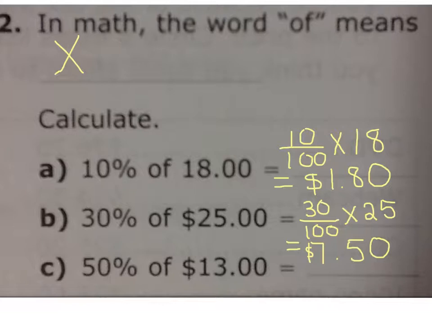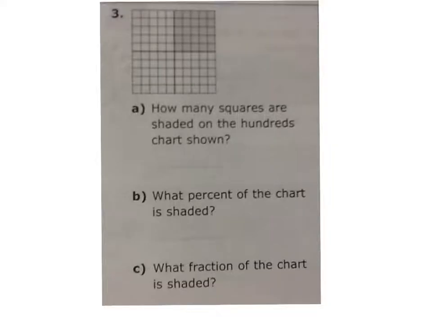So once again, it's 50 divided by 100 times $13. And I'm going to give you some time to think about the answer. Did you get it right? Did you get $6.50? Good job.